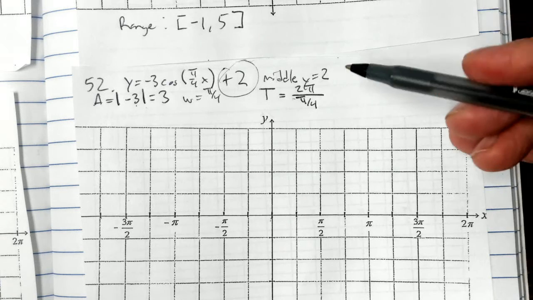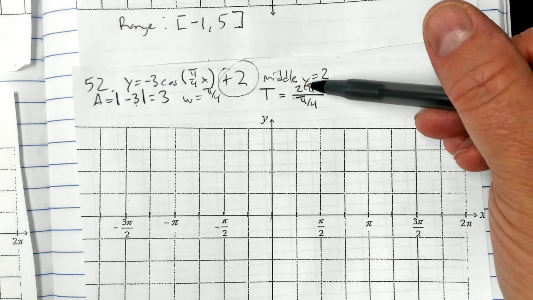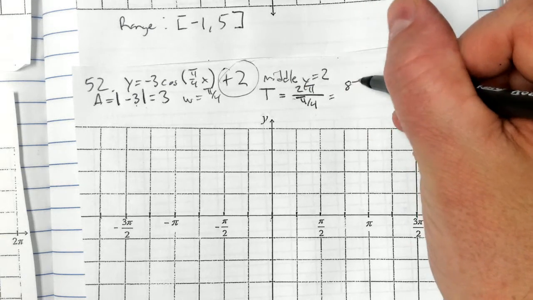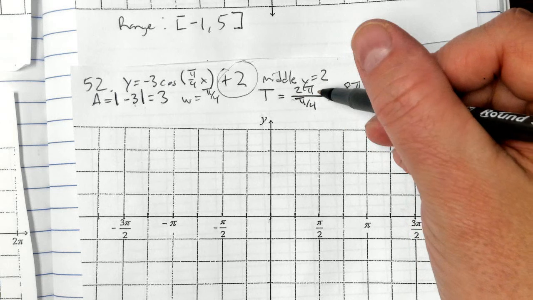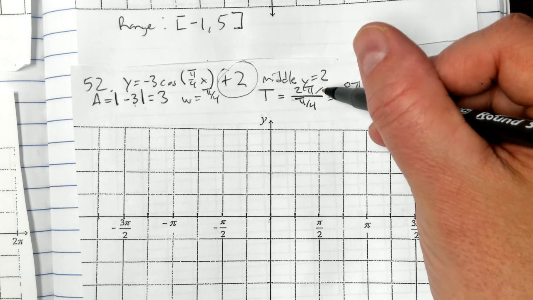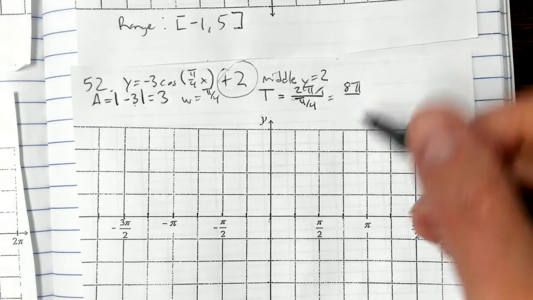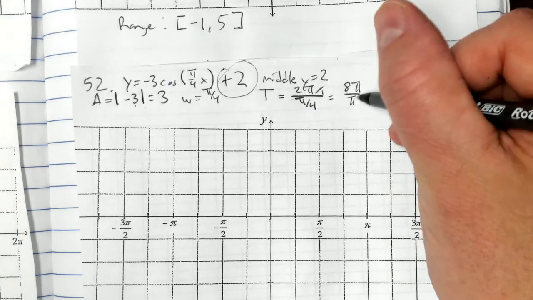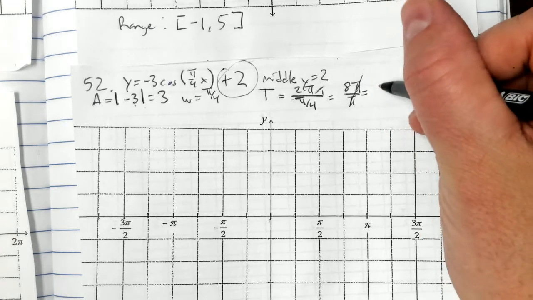So at this point, you want to multiply your 2 pi times 4, and you get 8 pi. And then your 1, which is kind of understood to be down below the 2 pi. 1 times pi is pi. So your pi's cancel and you end up with 8.